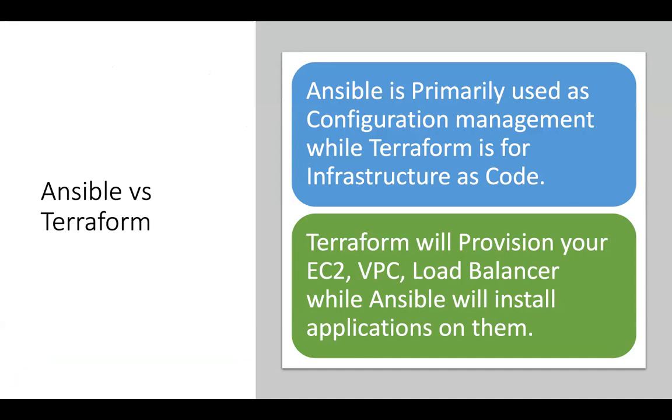I gave an example in the second column: Terraform will provision your EC2, VPC, load balancer, all the resources you see on AWS. We're talking about resources now, not applications. I want to provision an S3 bucket, I want EC2, everything. That's the work of Terraform.